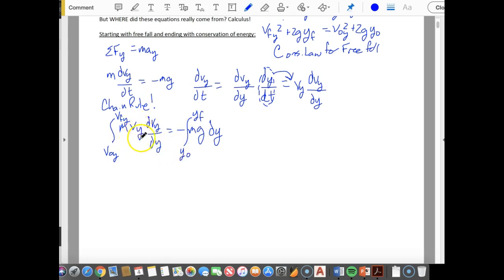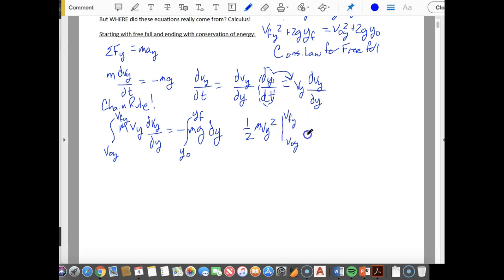If I'm going to do the integration of this, we know that m times Vy, and we're differentiating in terms of dVy, so we're going to end up with 1/2, because we know that this is going to be squared. So that's 1/2 of mVy squared, and our constraints here are VOY, and on the top we're going to have VFY, because we're going to go from VOY to VFY.